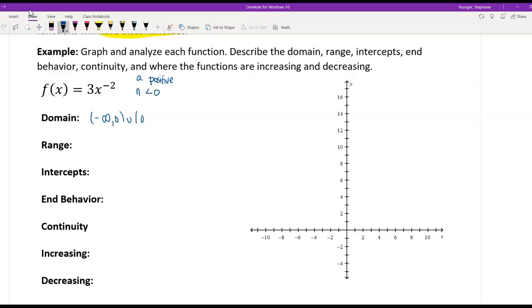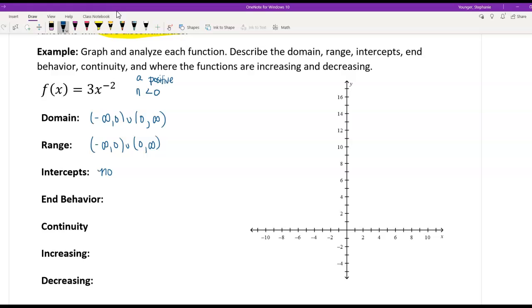So we have that union, negative infinity to 0, union 0 to infinity. It can have any number but 0. And so we have to represent that in both the domain and the range. The intercepts, because it cannot touch 0 on the x or y axis, there will be no intercepts.